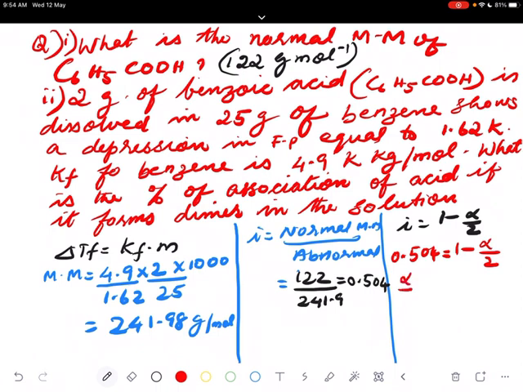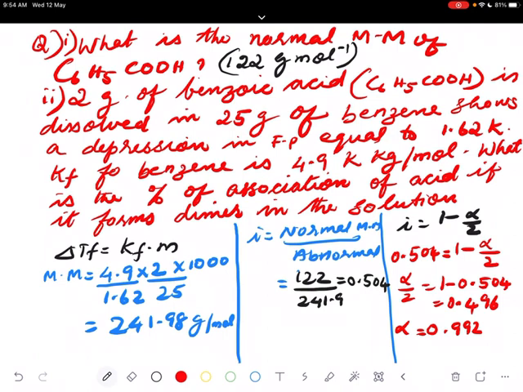So alpha by 2 is equal to 1 minus 0.504, which is equal to 0.496. So alpha is equal to this into 2, that is 0.992. This is alpha. If they ask, see what they have asked, what is the percentage of association?